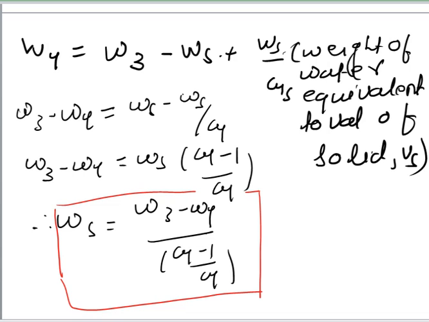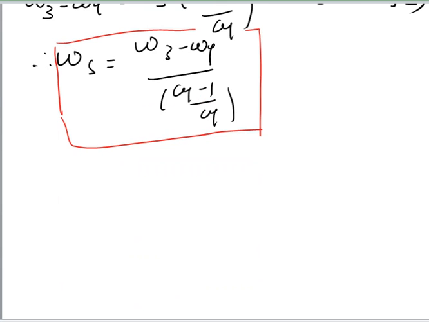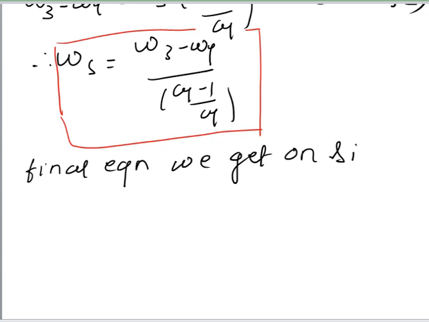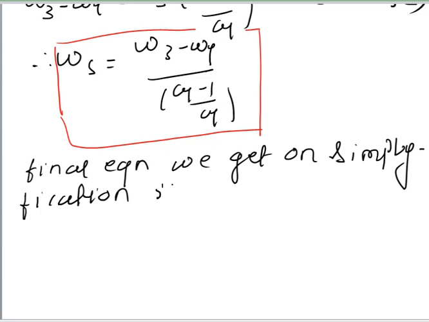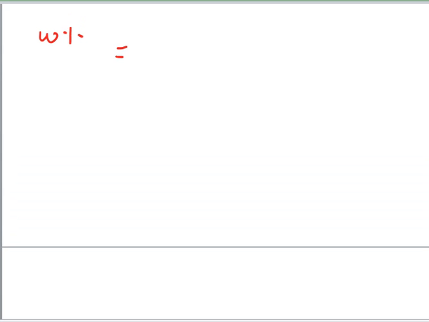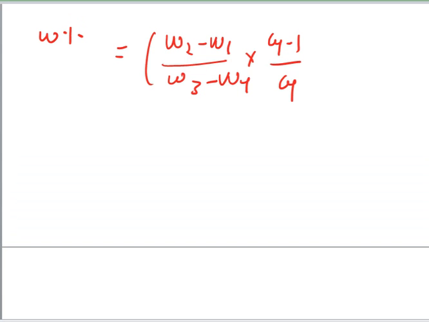Okay, so the final equation we get on simplification is, look, water content equals W2 minus, this is the complete term, minus 1 into 100.